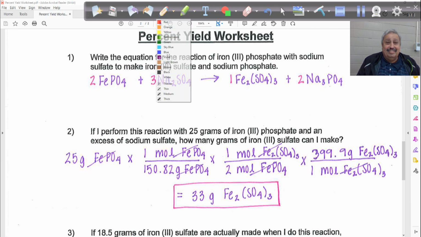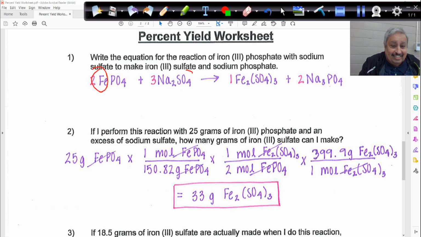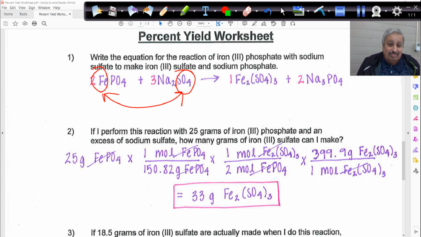Guys, look at it. Just look at it. Iron takes the sulfate here, correct? And sodium is taking the phosphate. Are they swapping their partners, the anion or the cation?